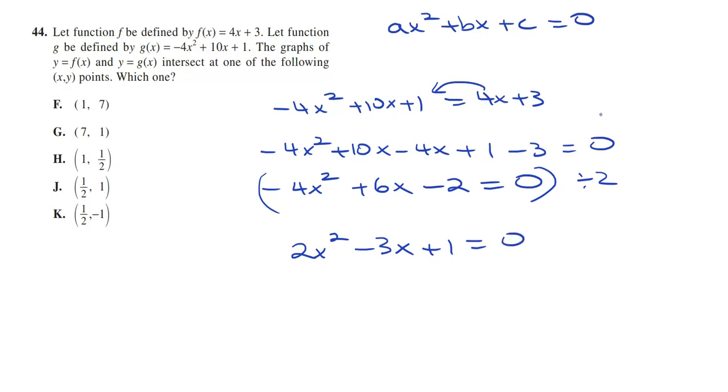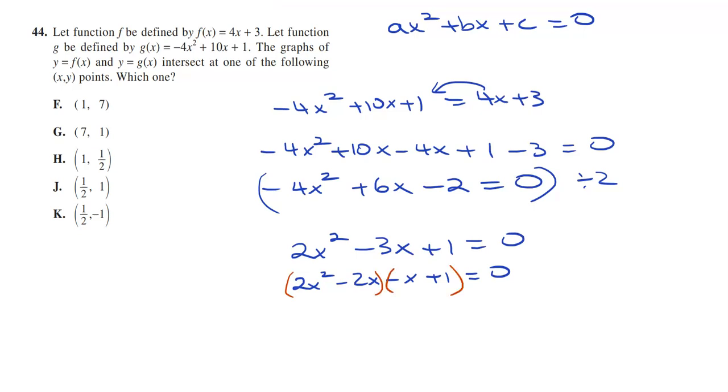So we're looking for 2 multiplied by 1 is 2. We're looking for 2 factors of 2 that give us a sum of negative 3. So that's going to be 2x squared minus 2x minus x plus 1 equal to 0. And now we're going to factor by grouping. So let's group this and then group this.